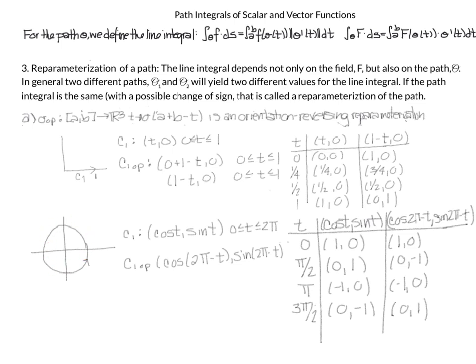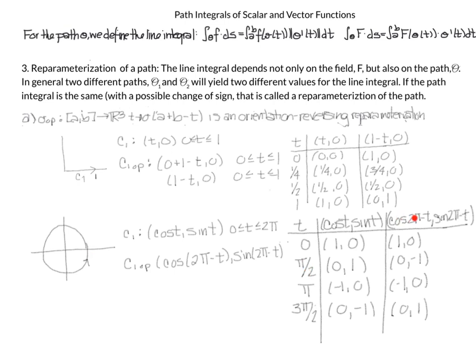We can compare that to C opposite, where again we take a plus b, which is 0 plus 2 pi, minus t. So this is our reparameterization. If we do cosine of 2 pi minus 0, we get 1, because cosine of 2 pi is 1, and sine at 2 pi is 0. So we start here. Then we have pi over 2.